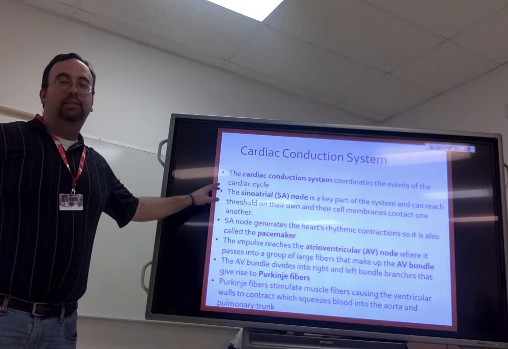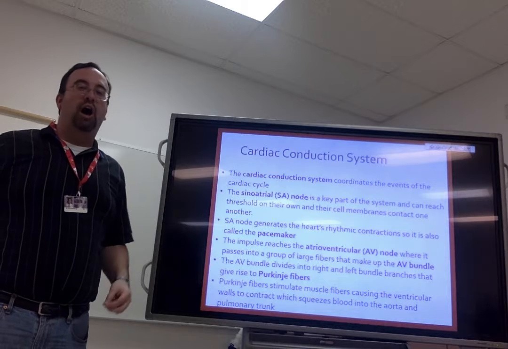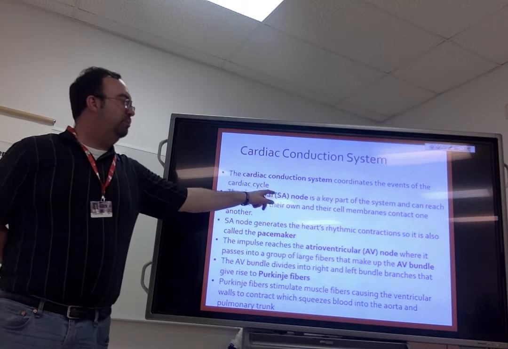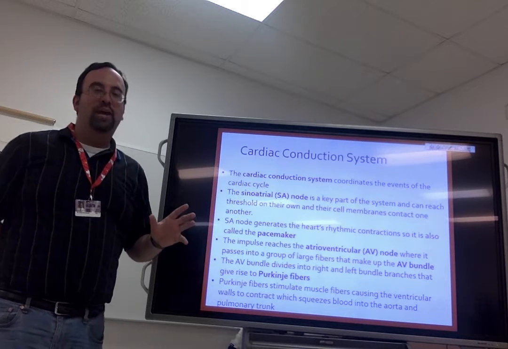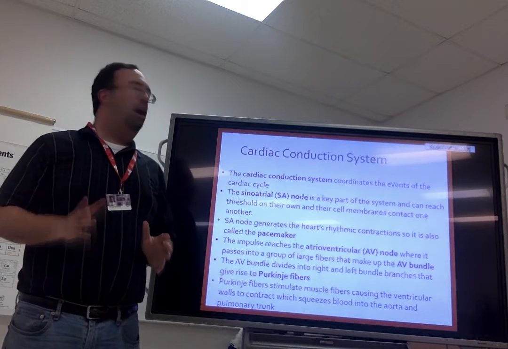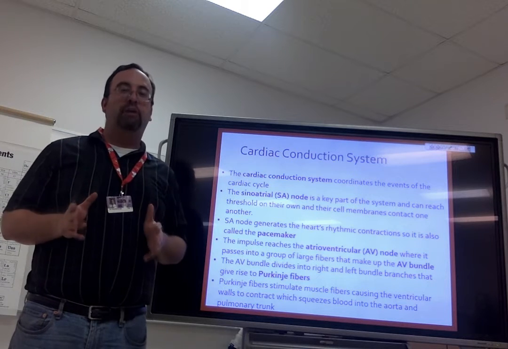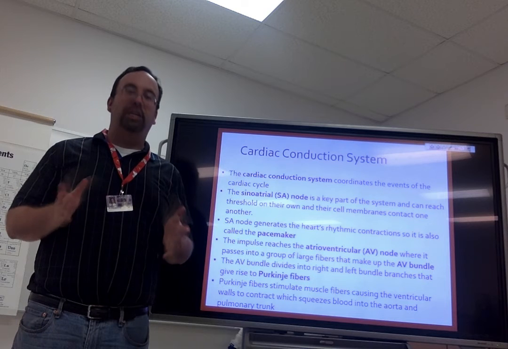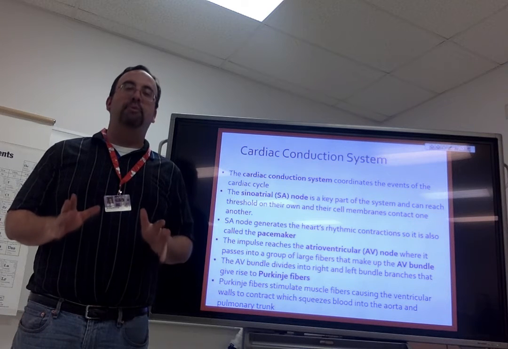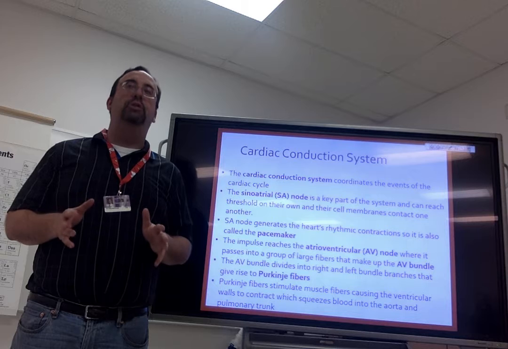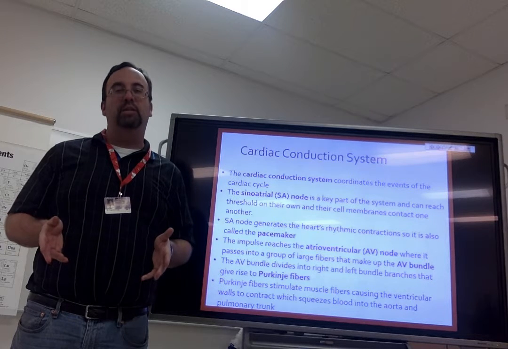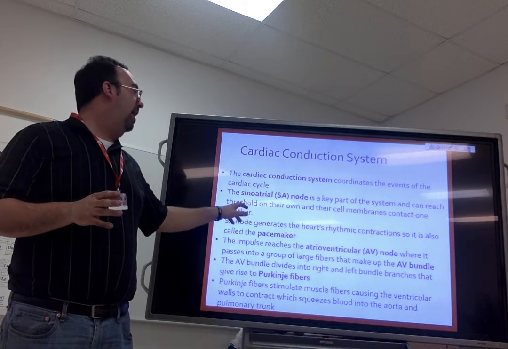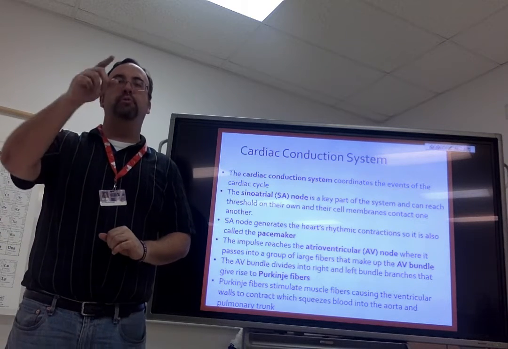The cardiac system will coordinate the events of the cardiac cycle. The sinoatrial node, which we're going to abbreviate as SA, is a key part of the system and can reach threshold on its own. Just to remind you, the resting cell potential is negative 55 millivolts, and as long as it hits the threshold, it will go through the normal contraction.